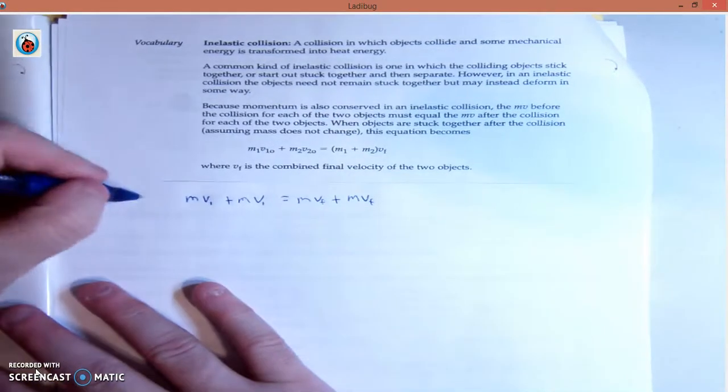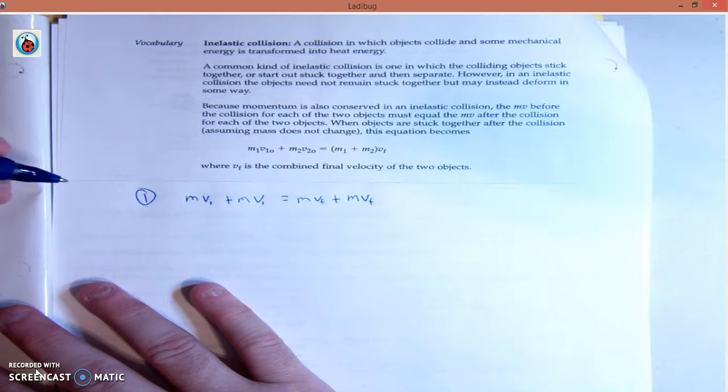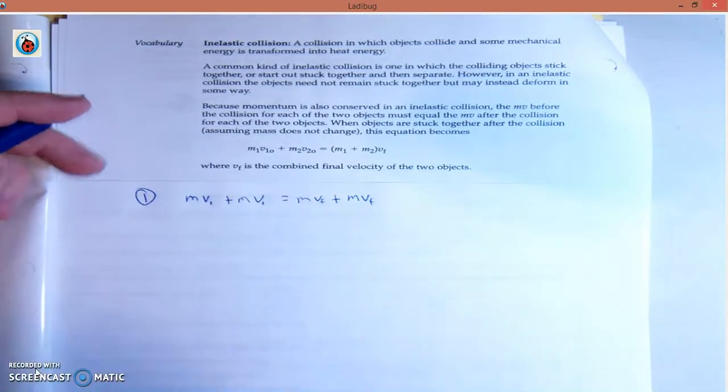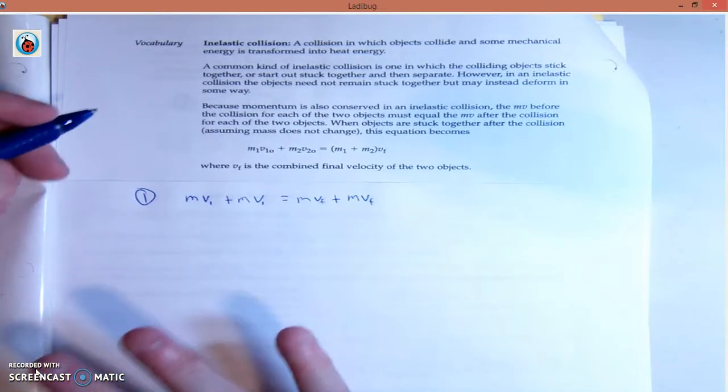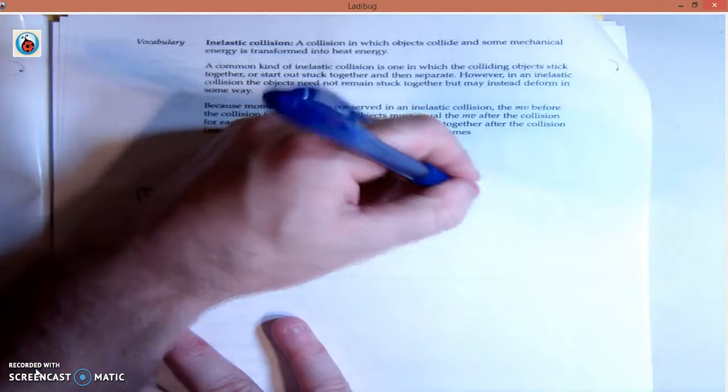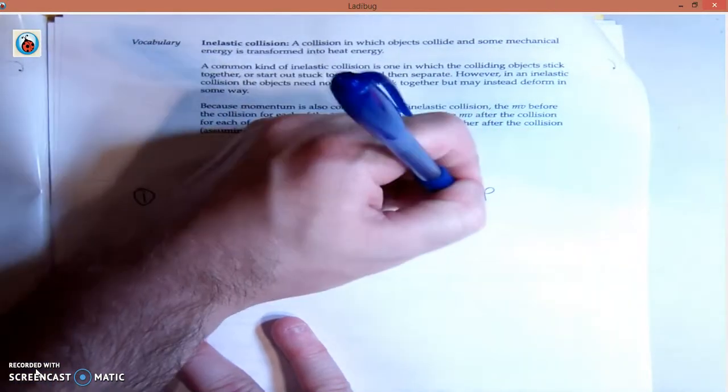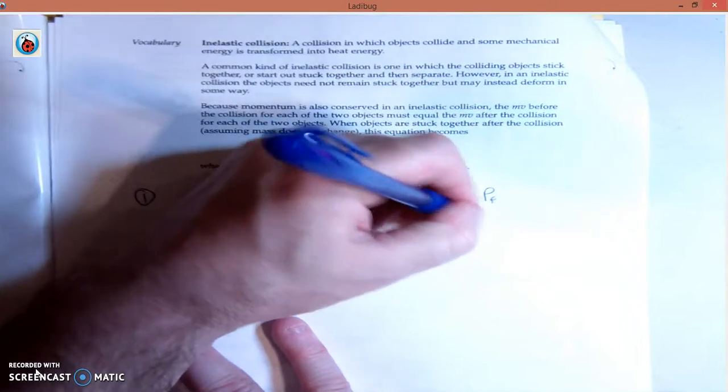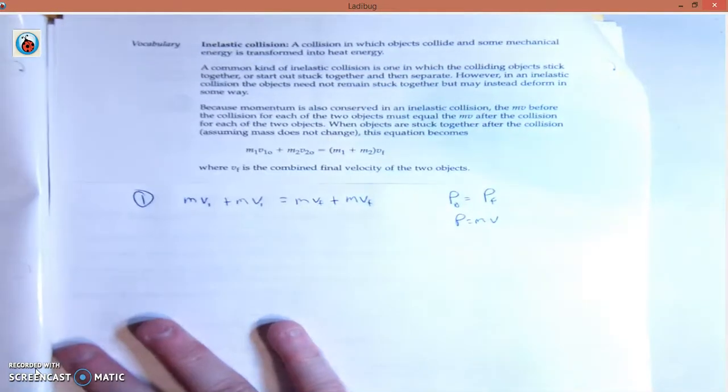Let's look at all the ways this can be written, even though it's the same. Because remember, algebra: you can rearrange stuff as long as you're equal on both sides. So we also know momentum equals momentum, initial equals final, and momentum is mass times velocity, right? So let's look at way number 2.